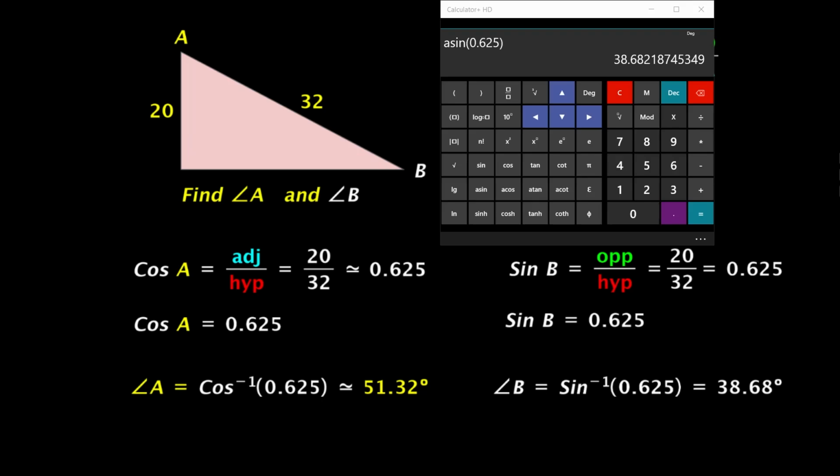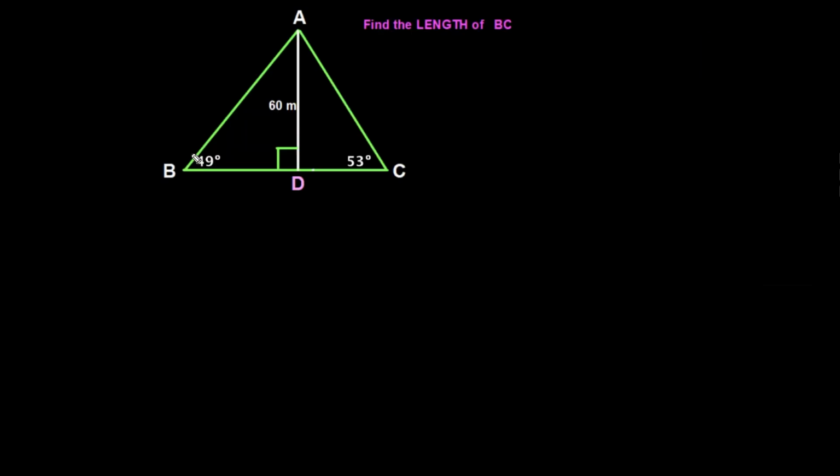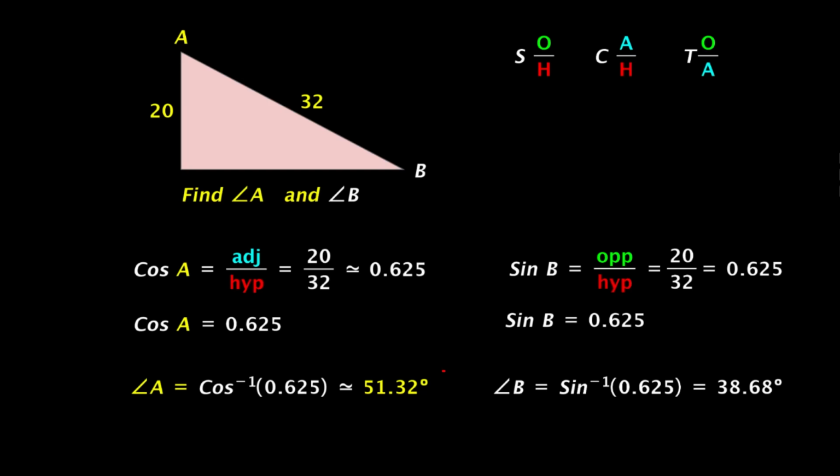Just for the final satisfaction, we would like to add this angle and add the 90 degrees, just to check whether we get 180 as the sum of the interior angles.